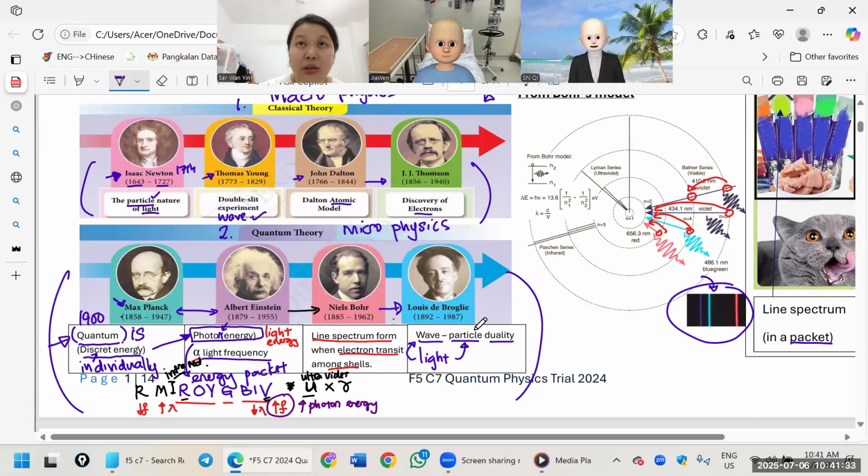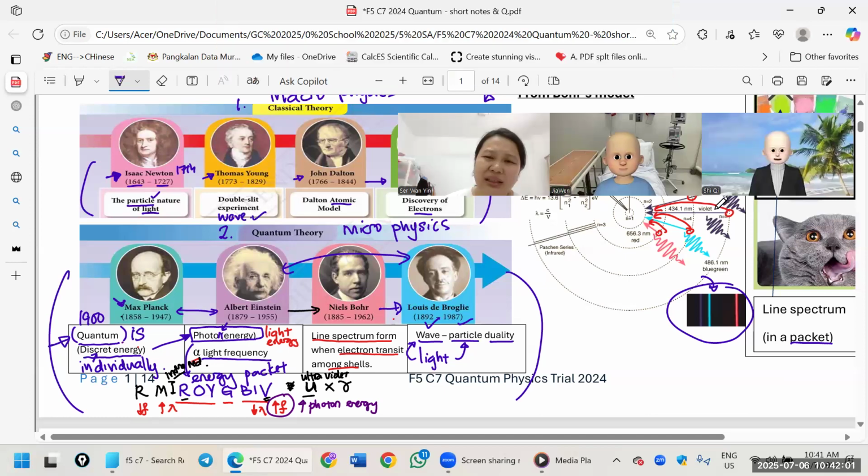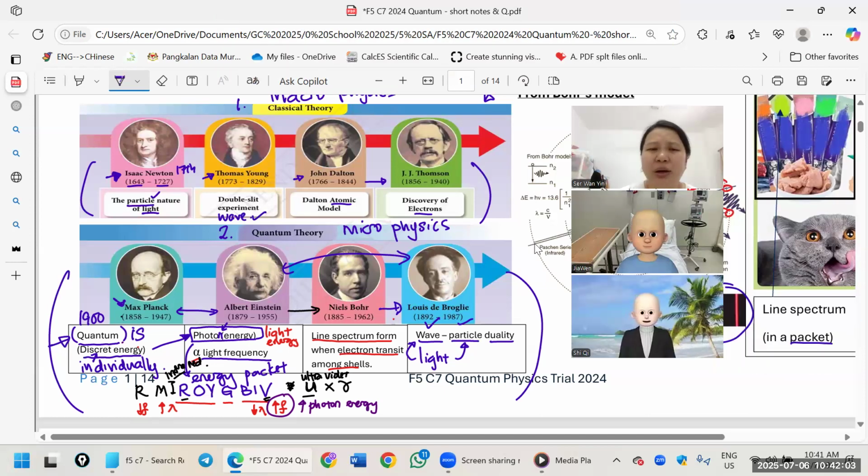Then here's another small fun fact. Albert Einstein said God never throws dice, meaning the wave and particle duality cannot be. Physics is a certainty, cannot be a probability. At that time they quarrelled about it.